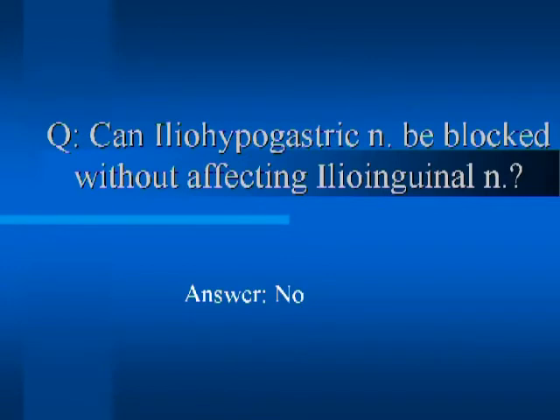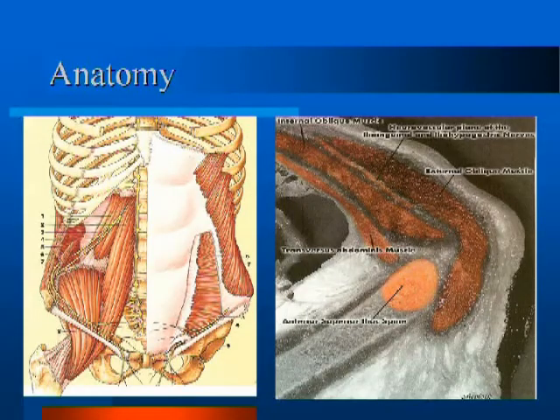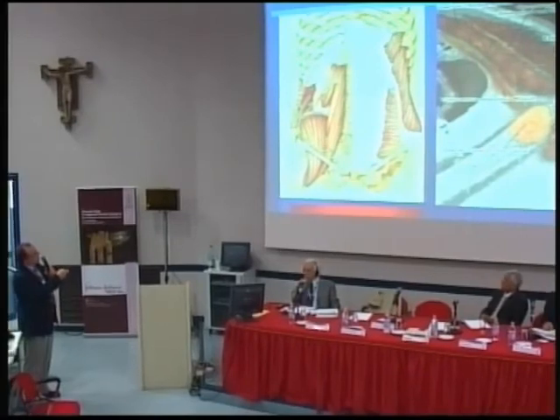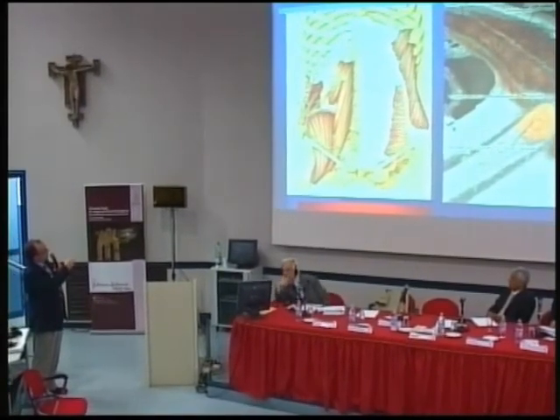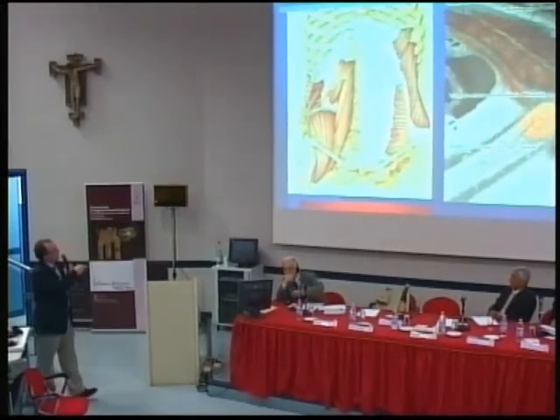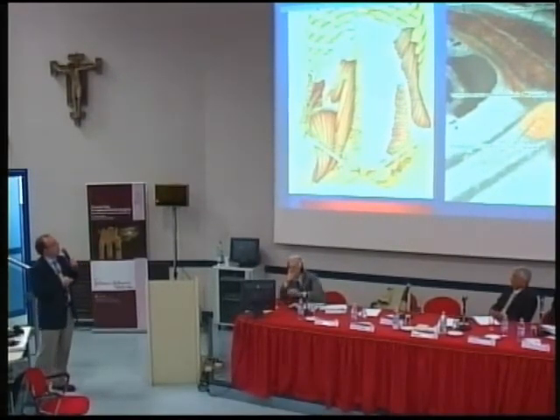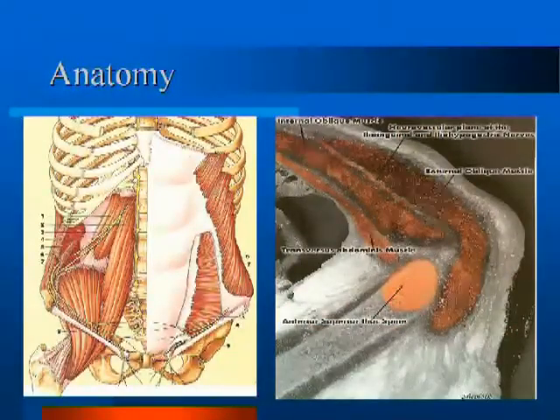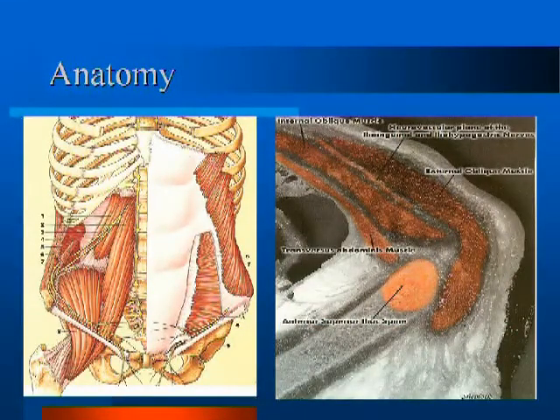Can iliohypogastric nerves be blocked without affecting the ilioinguinal nerve? No. This is easy to conceptualize. As you all know better than I, your iliohypogastric nerve runs here by the anterior superior iliac spine, and then you also have your ilioinguinal. Remember that they lie in a neurovascular plane, in a transverse section.